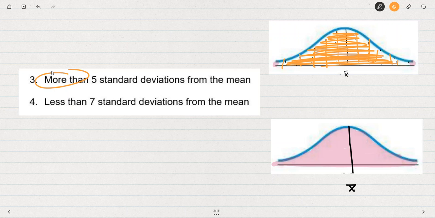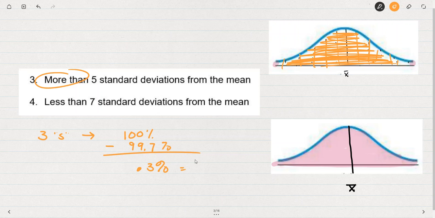And we know that 3 standard deviations came to 100% minus 99.7%. So that was just 0.3%, or approximately 1/3%. This is what we know from the empirical rule.